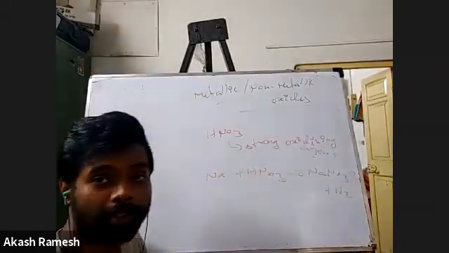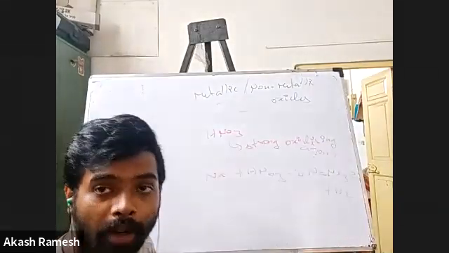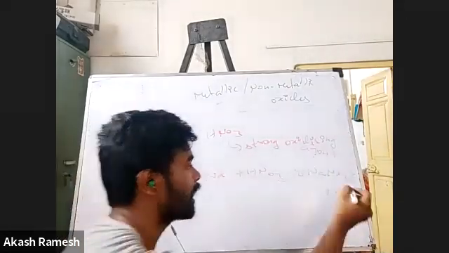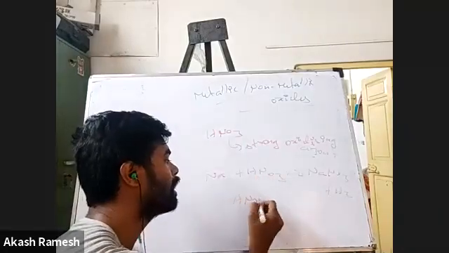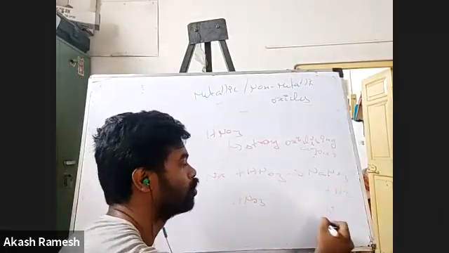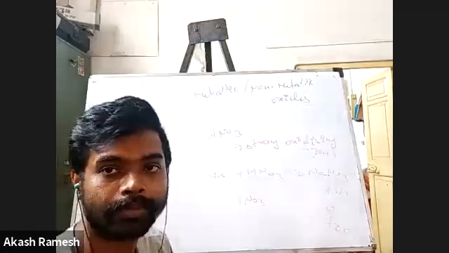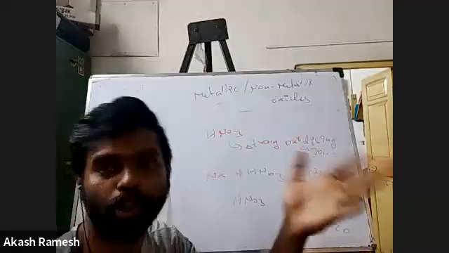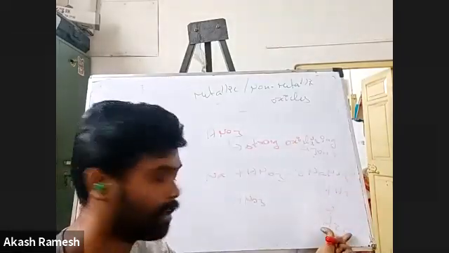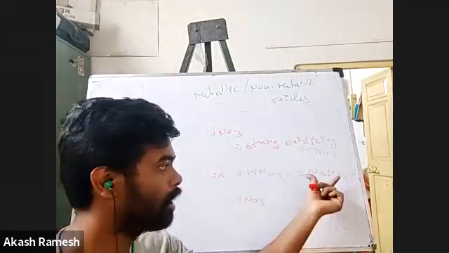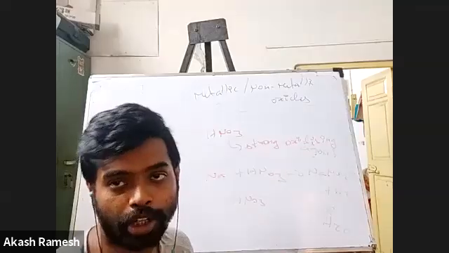But this H2 is not going to get evolved, because HNO3 will oxidize H2 to H2O. Basically, NaNO3 aqueous solution is what you're going to form. NaNO3 is a salt, and in water it forms a salt solution.